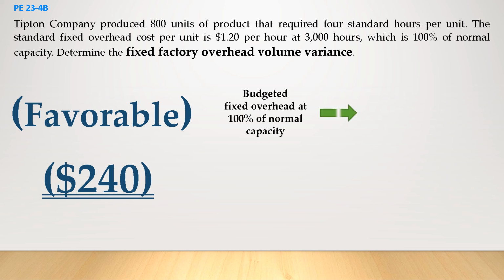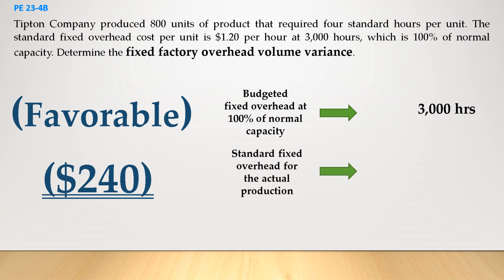Let's go to the budgeted fixed overhead at 100% of normal capacity. It is 3,000 hours. How about the standard fixed overhead for the actual production? It is 3,200 hours. How do we get it? We simply multiply 800 units by 4 hours.